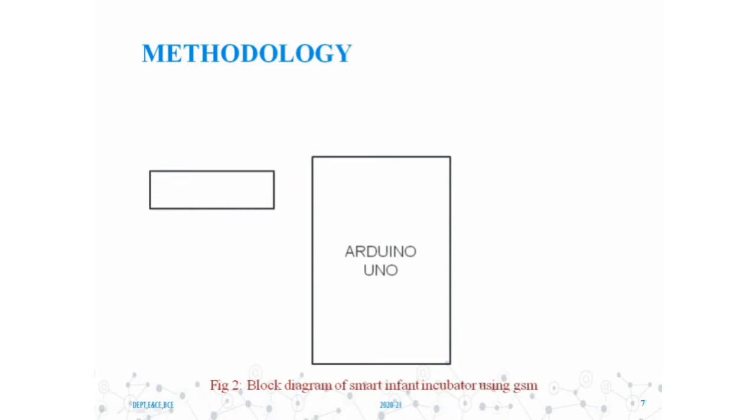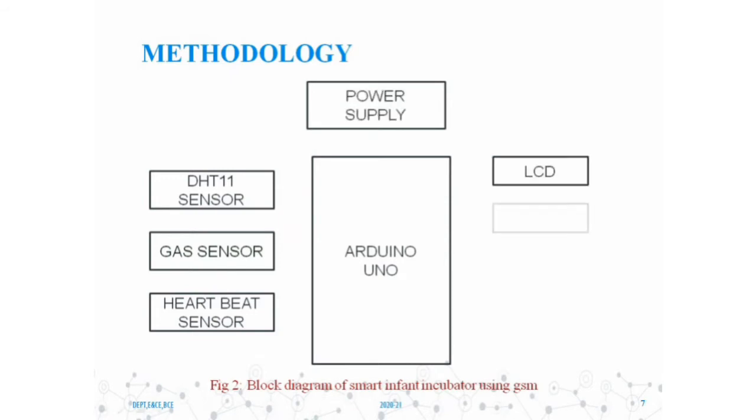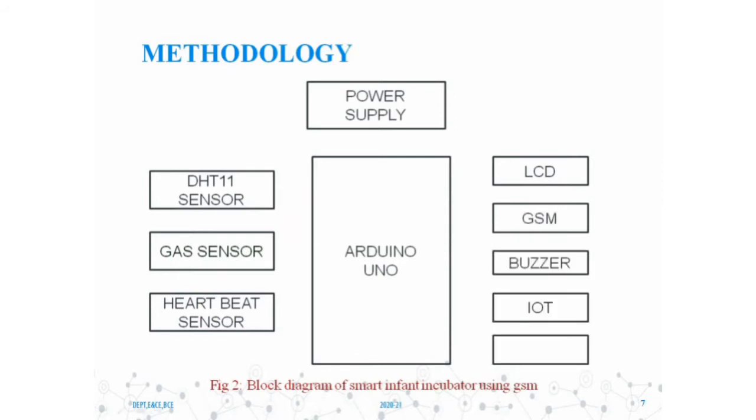Methodology. This project focuses on monitoring temperature, humidity, and heartbeat by means of an Arduino microcontroller with different sensors such as the DHT11 sensor, gas sensor, and heartbeat sensor. It also contains a power supply, LCD, GSM, buzzer, IoT, and LED.